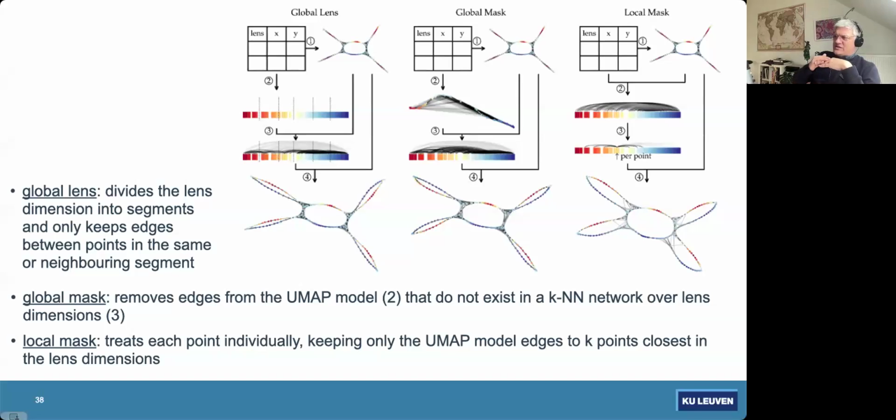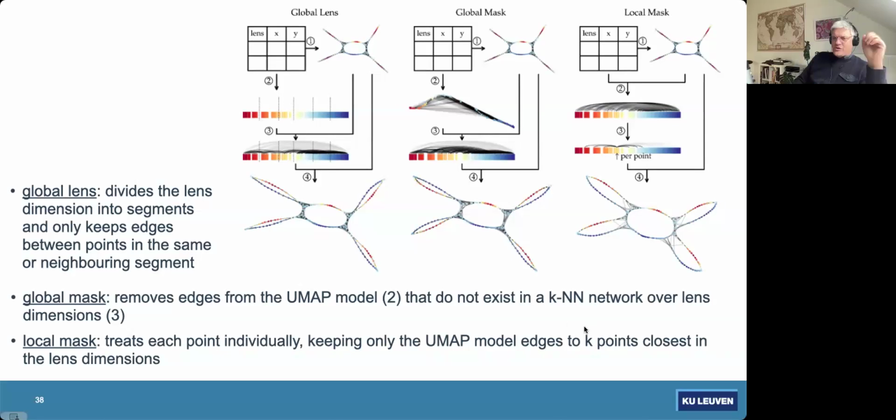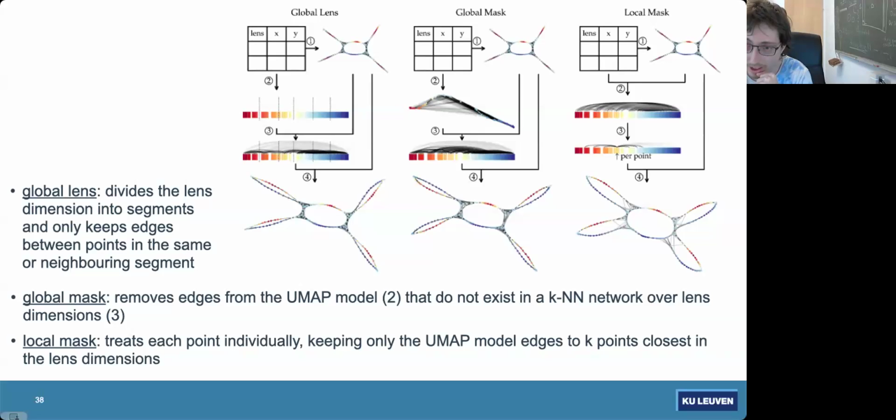Separate from that, we do a K nearest neighbor network, which is not UMAP. That's just looking in high dimensional space at what are the 5 points that are closest by. The other network is created after UMAP, and then we just look at the intersection between the two.